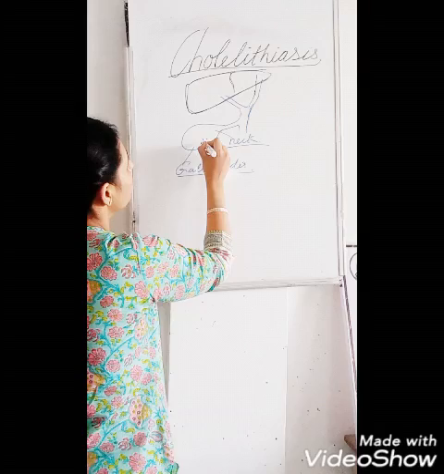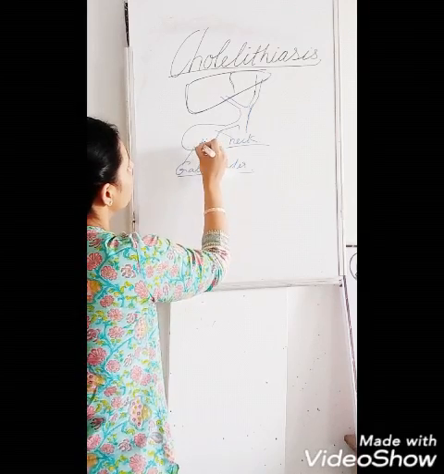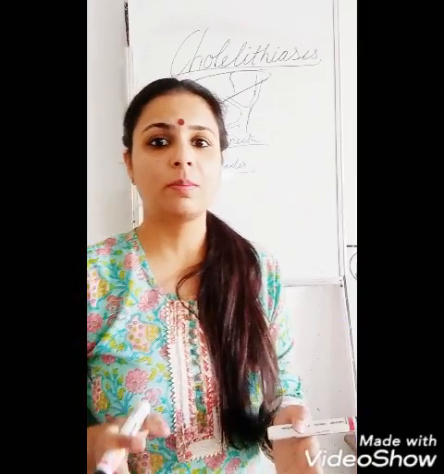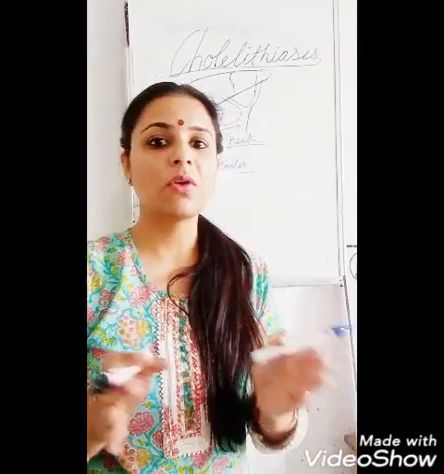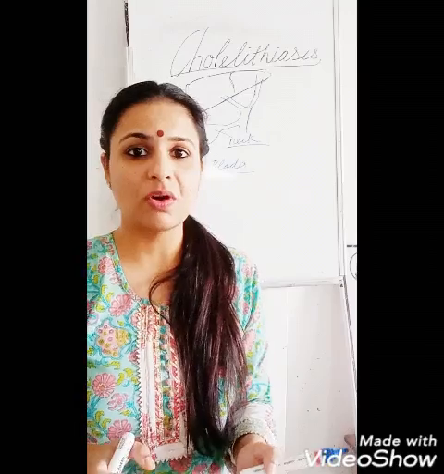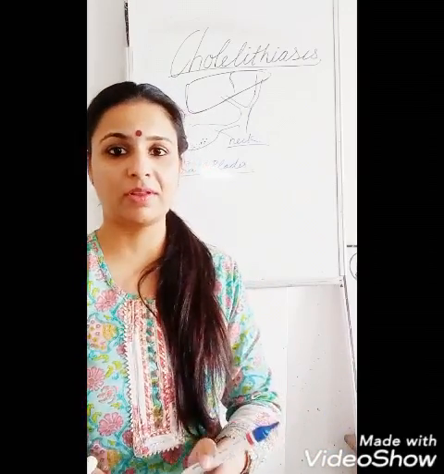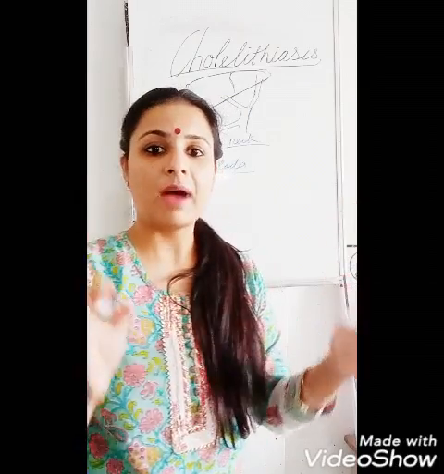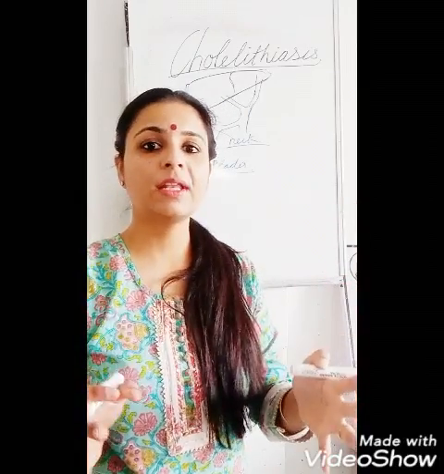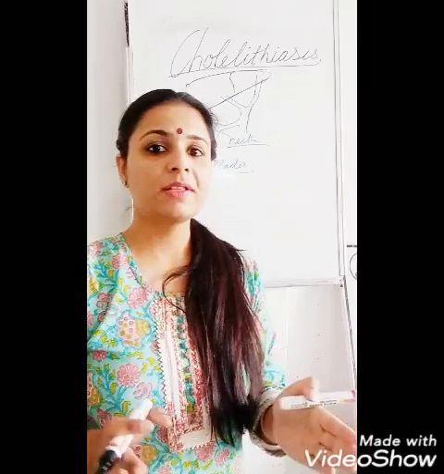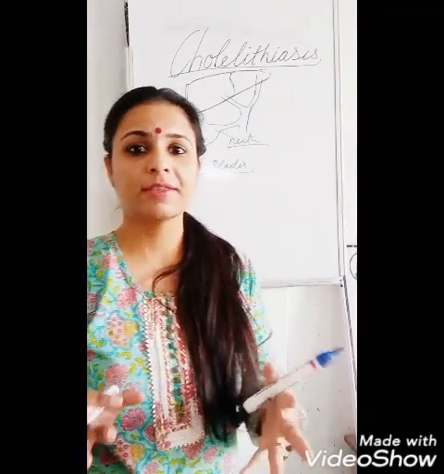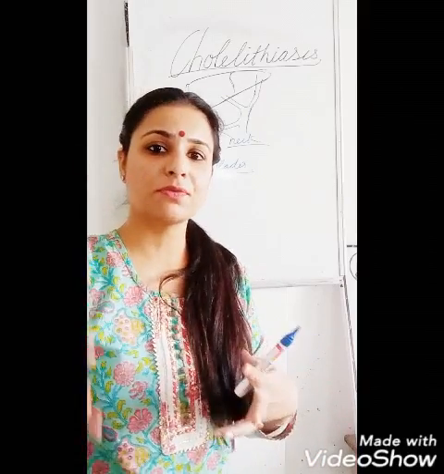Stones are what? These are pebble-like hard particles formed inside the gallbladder from cholesterol, bile salts and minerals. So basically gallstones are composed of bile pigments, bilirubin, minerals and cholesterol. In the last class I already explained that there is excess of cholesterol.